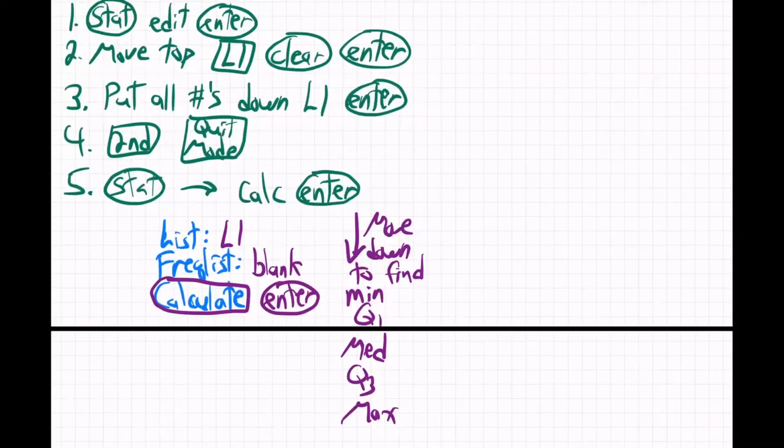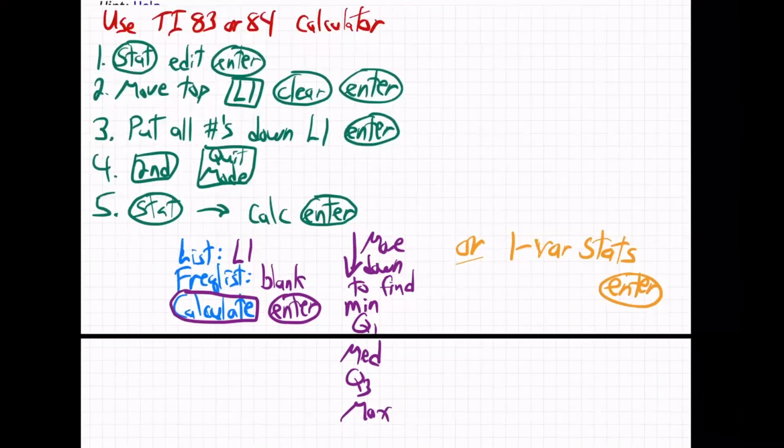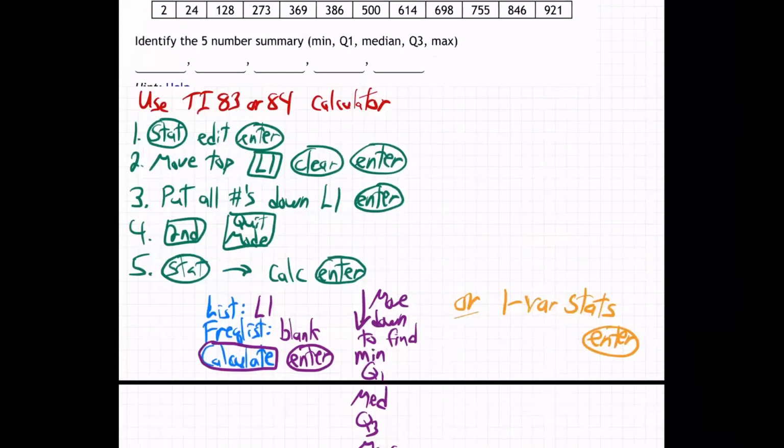Or the other option, if you have the older style calculator, it'll say one var stats, depending on the calculator. One var stats, and all you do is hit enter, and then the same thing, move down. So there it is. There's the steps. The calculator will just spit out the answers once you've done that.